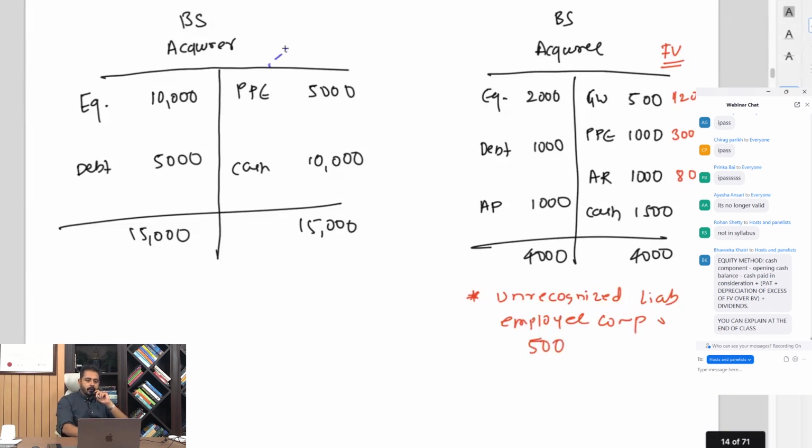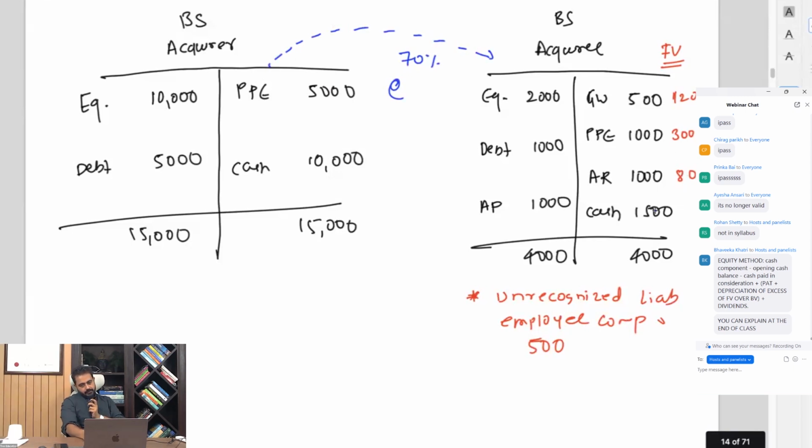Let's assume we are going to acquire 70% of this entity at, let me just run a quick mental math on this. Let's do that acquisition at 6,000. In fact, let's round it off to 7,000. We have cash in which case.